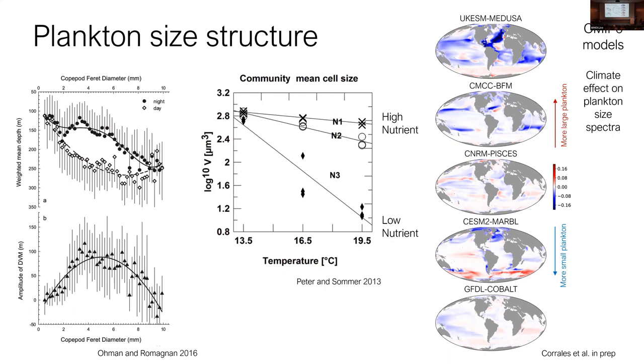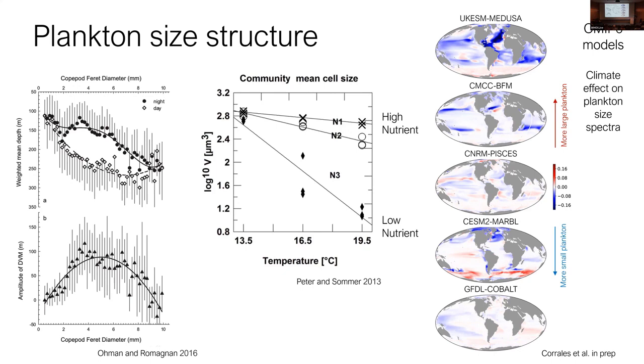We chose the models that represented some amount of size in the plankton, asked the model developers to assign a size range to their plankton functional types, and computed a biomass size spectra. And what this is showing is the difference between projected changes under SSP5 compared to historical simulations. So the blue areas are showing areas where the size spectra becomes steeper or have more small plankton, and the red areas are where the size spectra becomes shallower or have larger plankton.